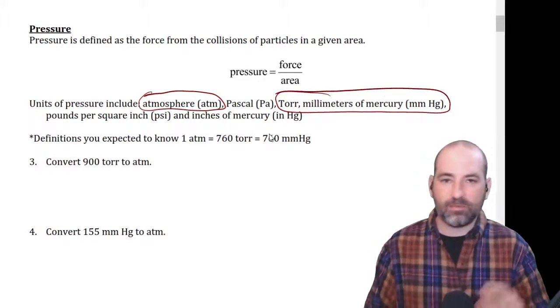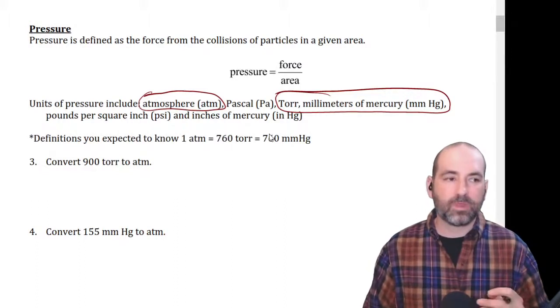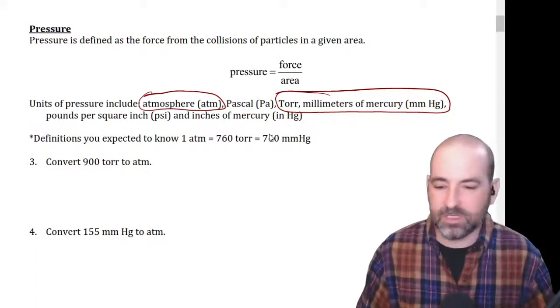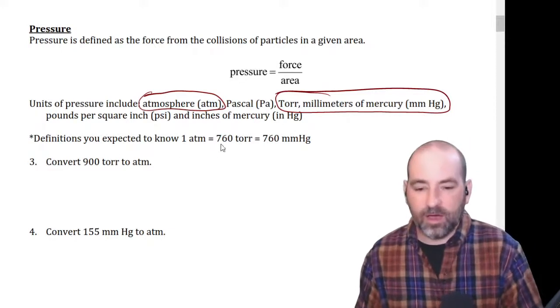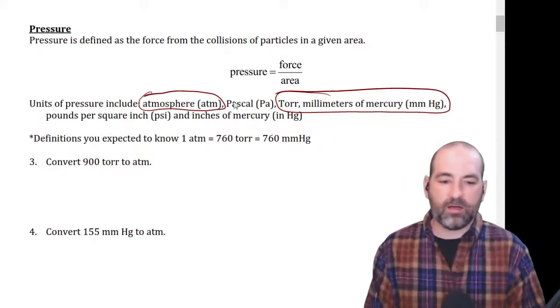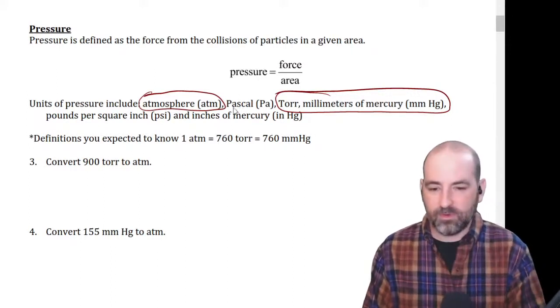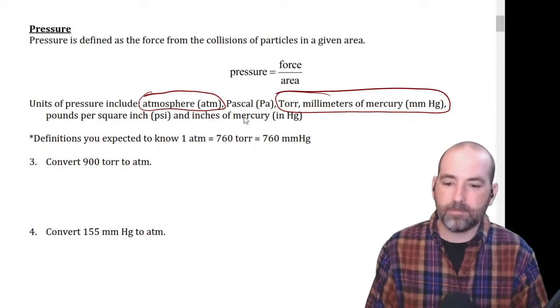It's not exactly the same thing, but they're one-to-one, kind of like milliliters and cubic centimeters. So we're going to talk about atmospheres, torrs, millimeters of mercury. Pascals are perhaps more important in physics. We won't really talk about that too much here.